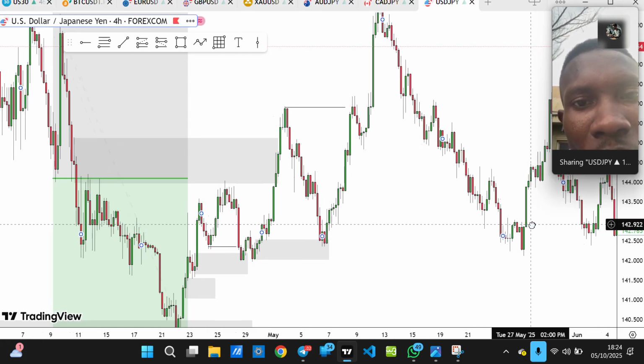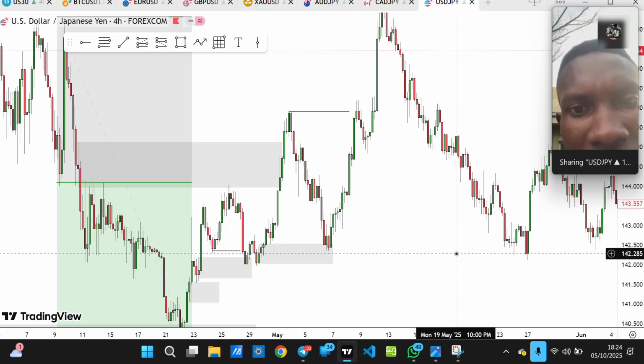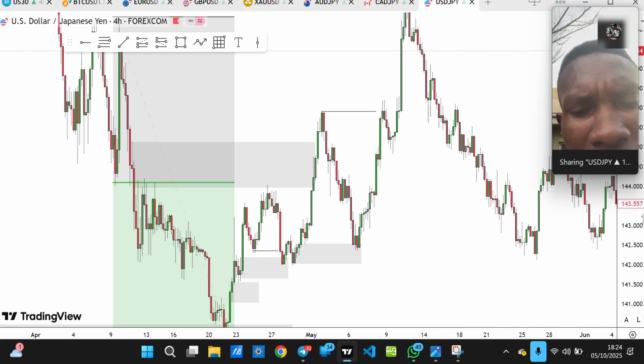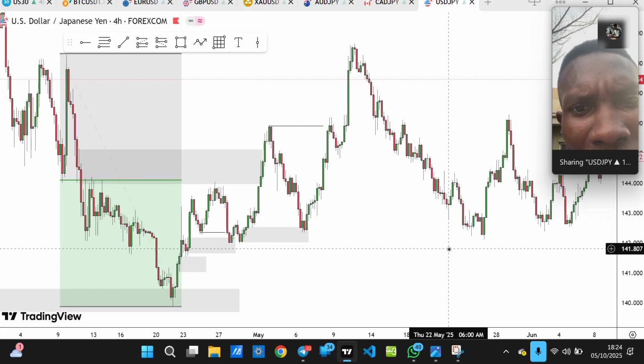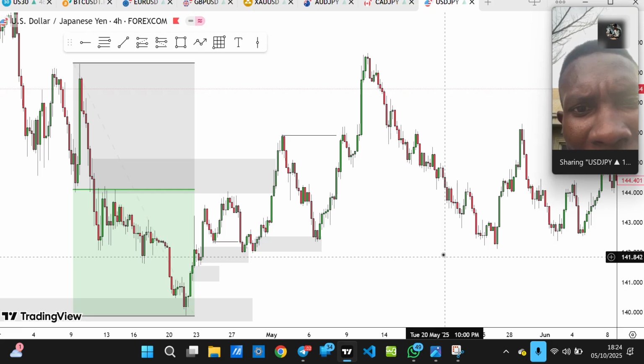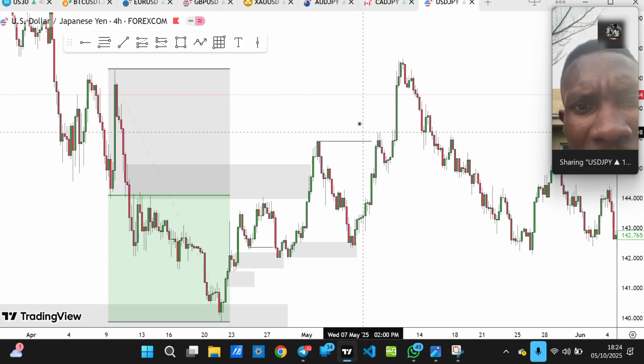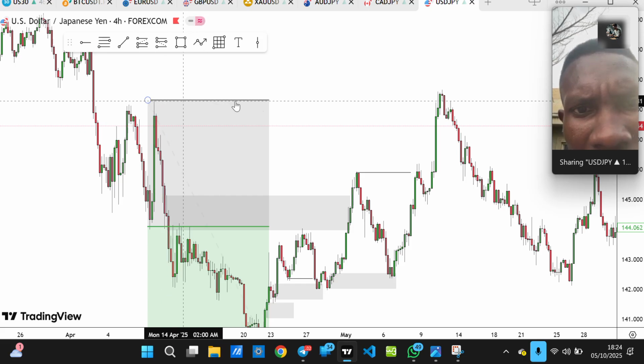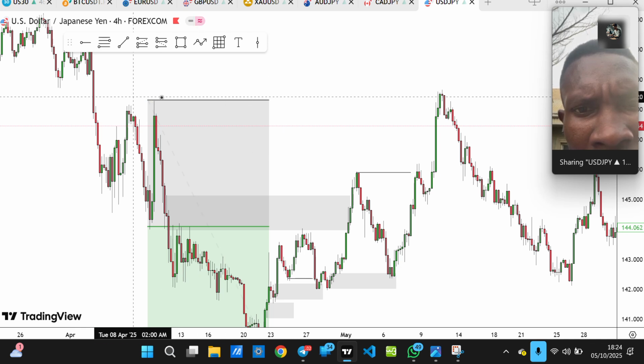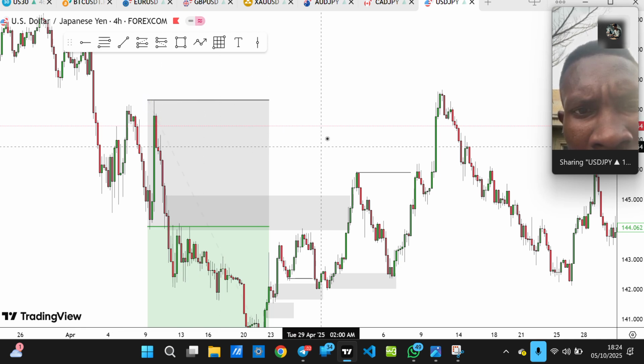The thing is, a break of structure is still a break of structure. You get, it will still remain a break of structure, because eventually, even after taking out this high here, we still came and took out this structure here. This is one of the objectives of price, to take out a weak high or take out a weak low. So we took out this high here because why? This high failed to break structure to the downside.